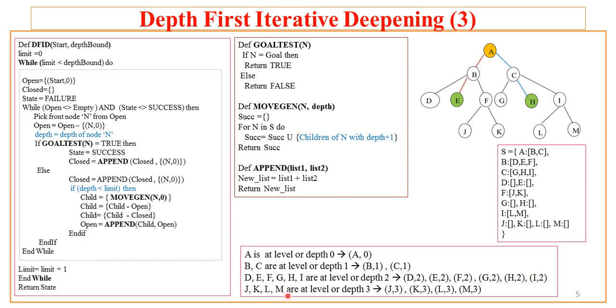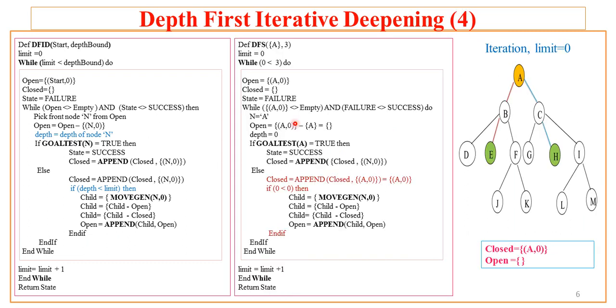For J, K, L, M, as these nodes are at depth 3, each of these nodes is given level value 3. This task of assigning the level value is performed by our moveGen function.